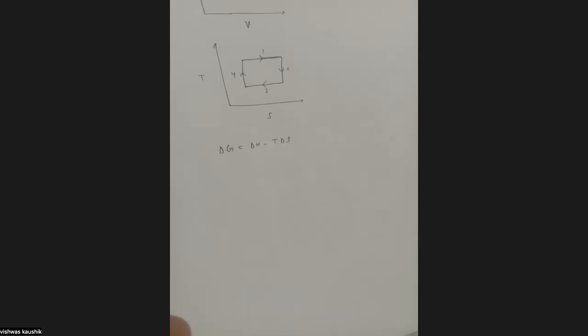To determine the feasibility of any process, the concept of Gibbs free energy can be used, and to determine the non-mechanical, non-PV work, the concept of Gibbs free energy is also used.